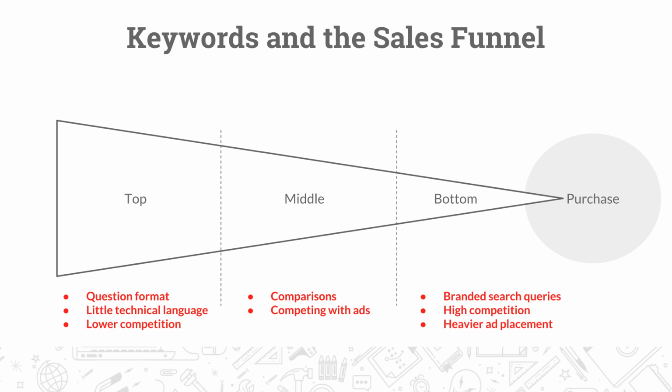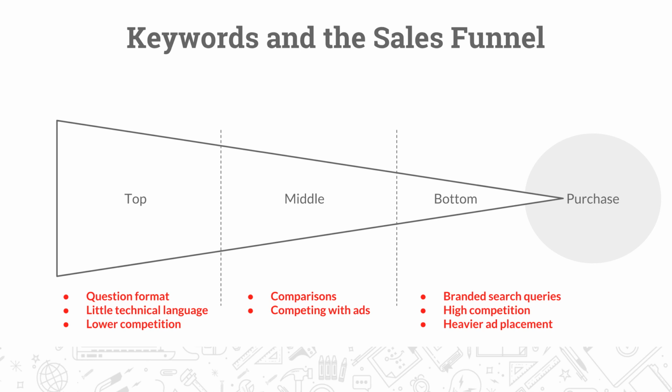They're not using the correct terms. So if you're in a highly technical field, the kinds of queries that people use as they're trying to learn about their problem are not going to use the correct technical language. And there tends to be lower competition in the top of the funnel queries. You're not going to see a lot of ads because it's just harder to target those people because it's such broad types of queries.